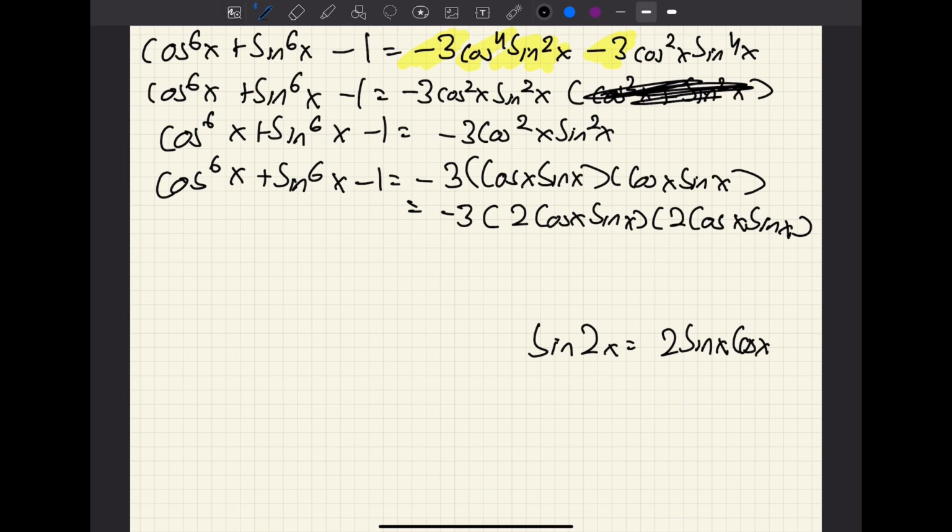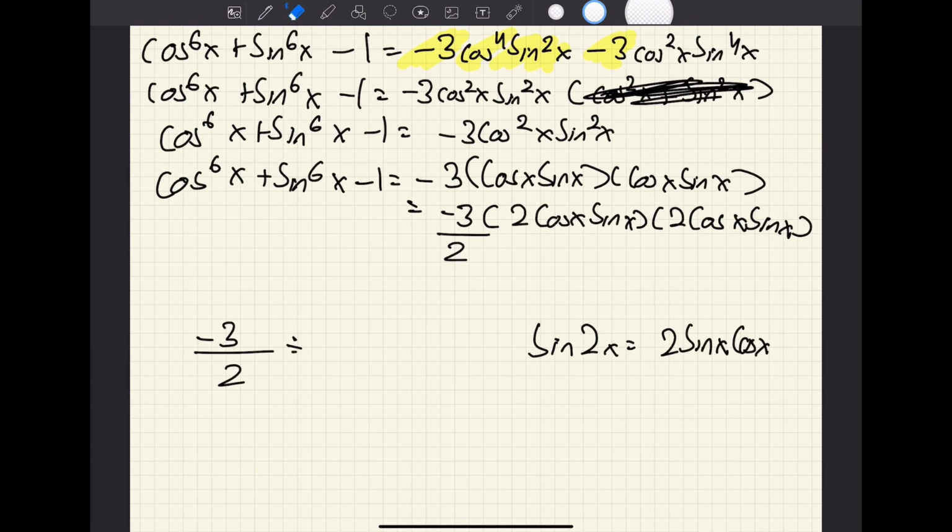So why was I able to add these 2's over here without any repercussions? I do face repercussions here. I'd have to divide this by 2, and then I'd have to divide it by 2 again. So it would be minus 3 divided by 2, divided by 2 again, because not only did I place a 2 one time over here, I placed a 2 again over here.